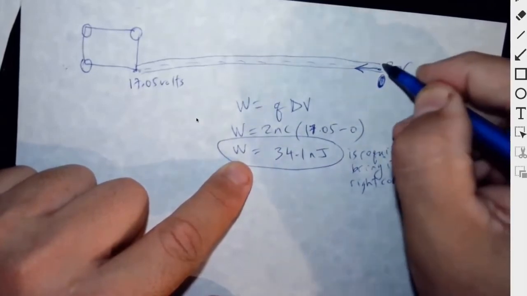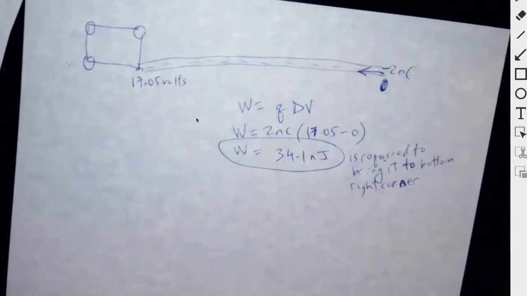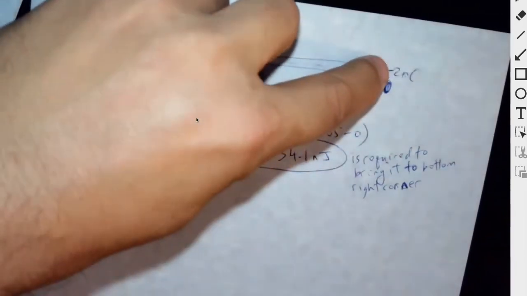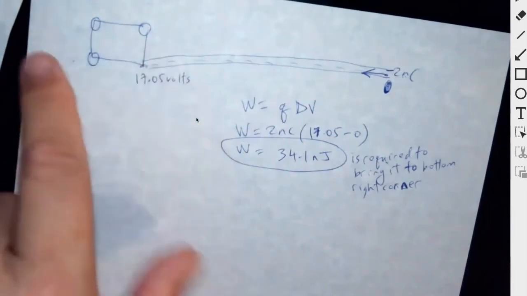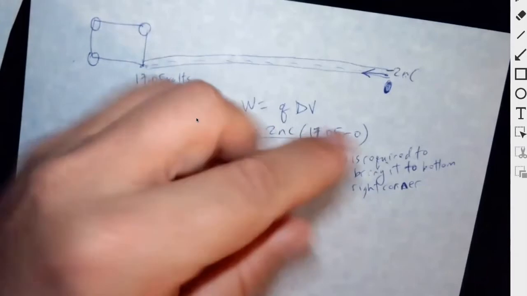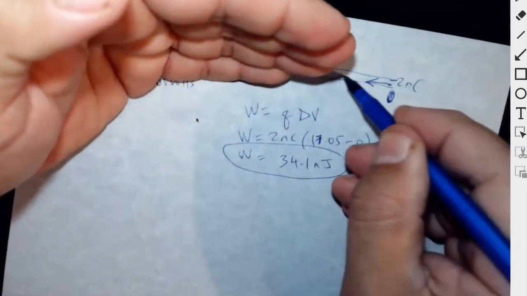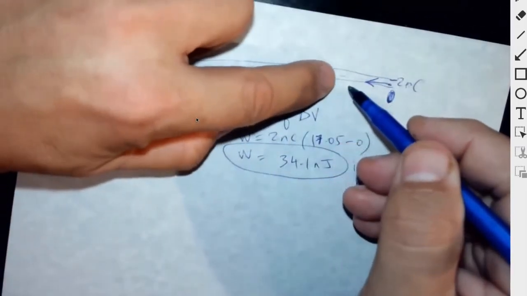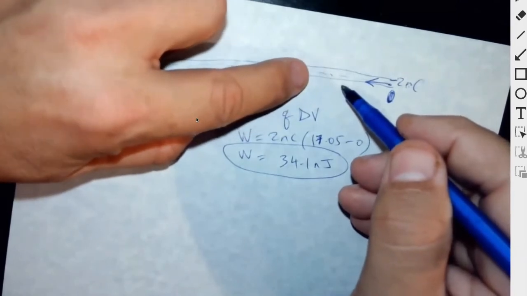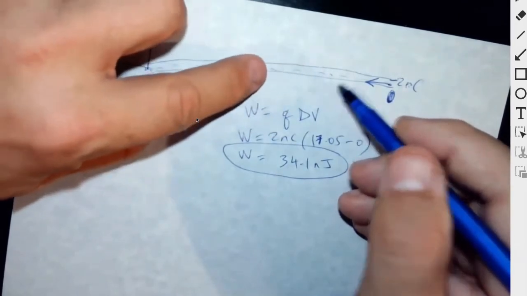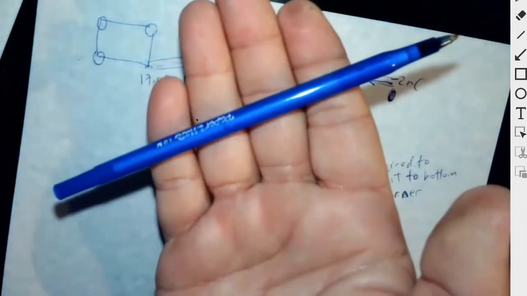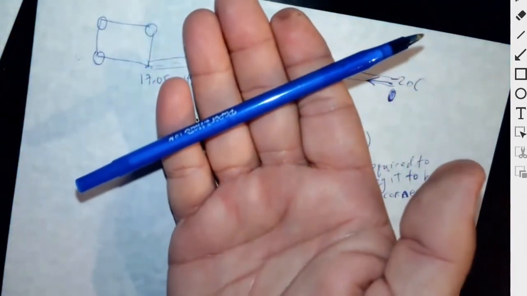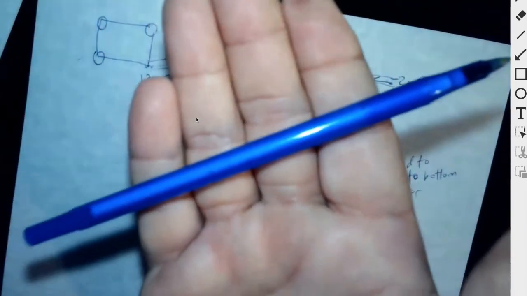Okay, how about if the charge was negative? How much work? The question can be asked a couple of ways. How much work would we have to do to bring it here so that it gets there at constant speed? It's trying to accelerate, so we have to exert a force back. You see, we're doing negative work. It's like we're lowering the pen at constant speed. We're fighting against gravity, so we're doing negative work.